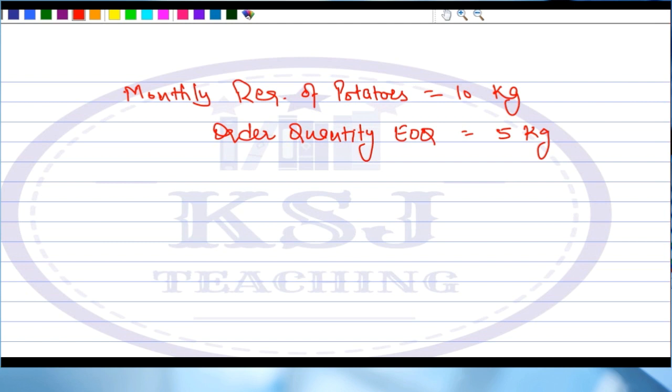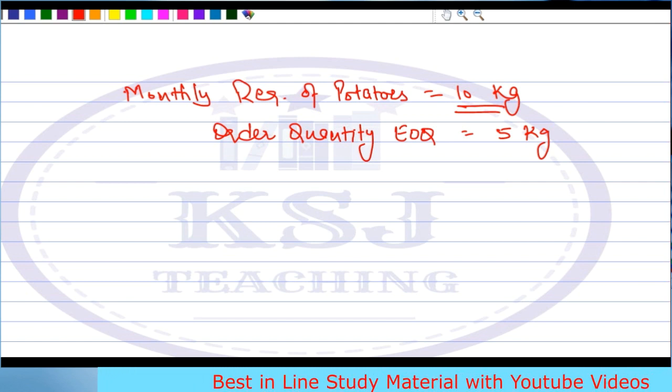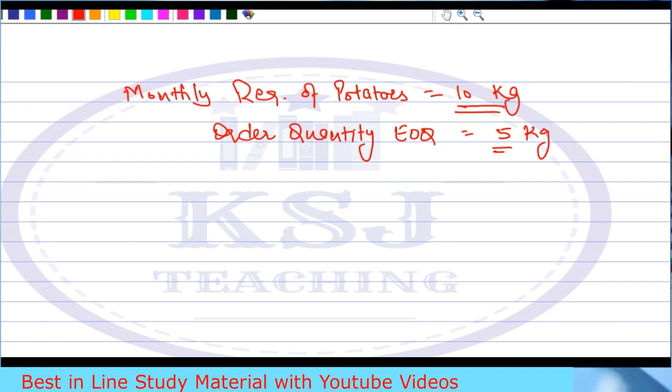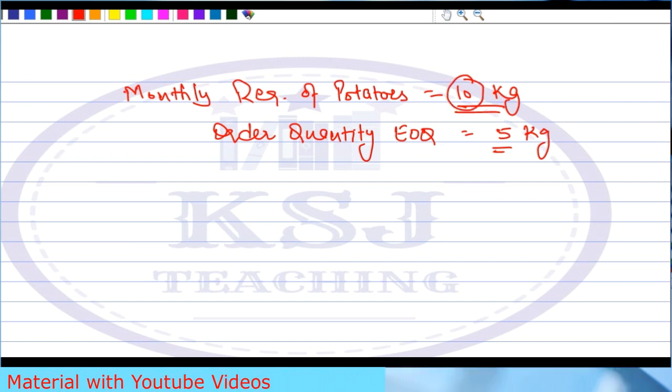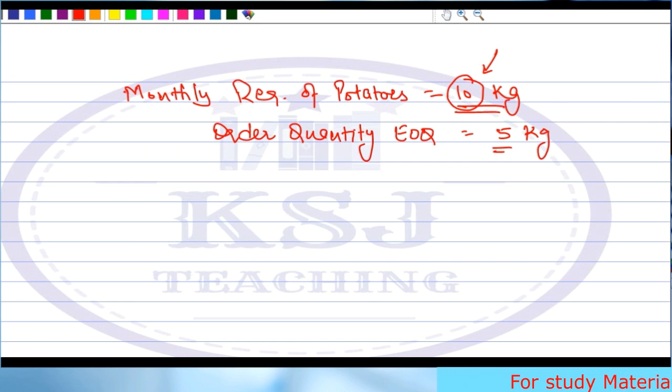So can you tell me, in order to bring 10 kg in a month, how many visits they will have to make to the vegetable market? Sir, in one visit they will be bringing 5 kg. Total requirement is 10 kg. That means they will be visiting two times to the vegetable market to bring this 10 kg, isn't it? Are you getting the point I'm saying? Sir, very simple.